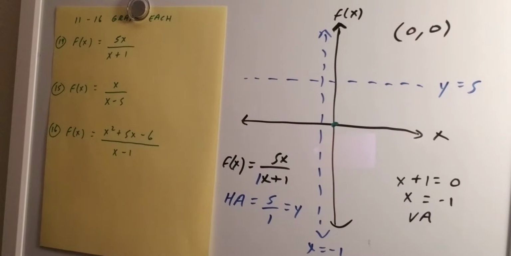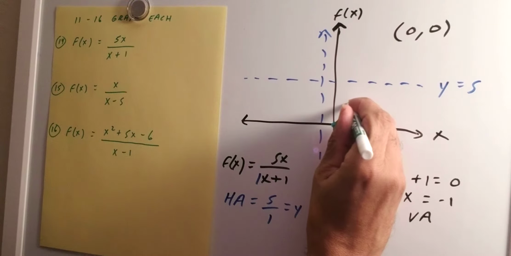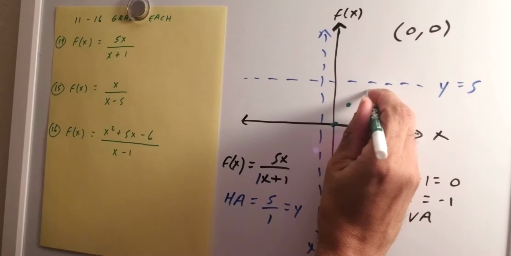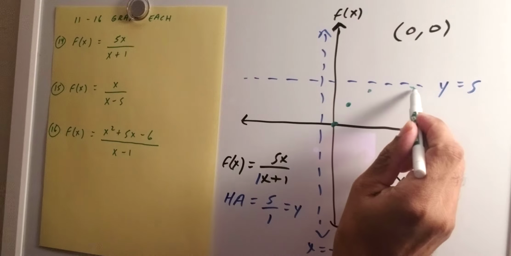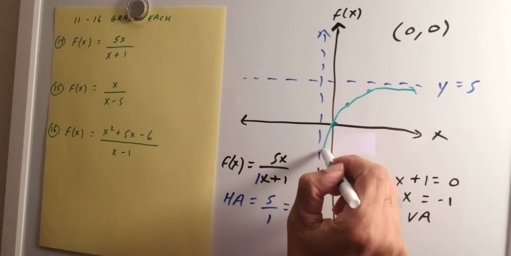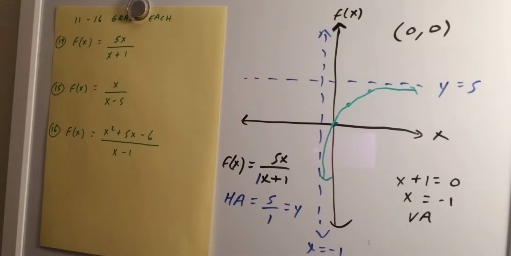Now, for x equals 1, we'll have 5 over 2. For x equals 2, we'll have 10 over 3. See what's happening in this section? Getting closer to the horizontal asymptote as x increases. And we get closer to the vertical asymptote as x gets close to negative 1.